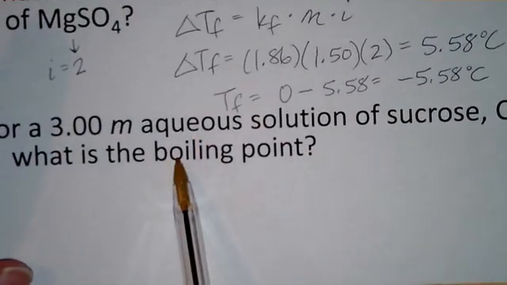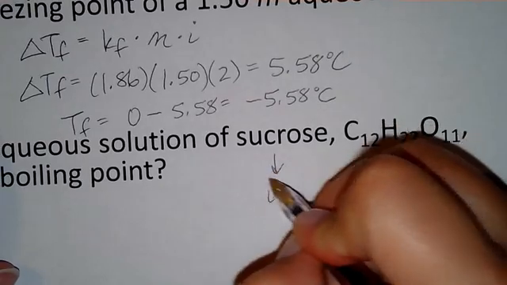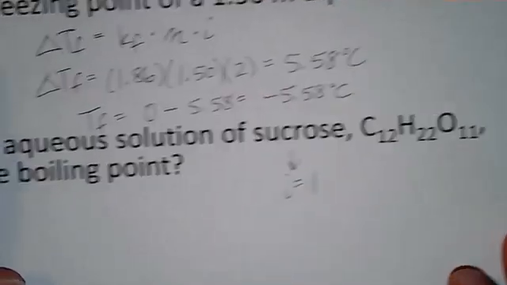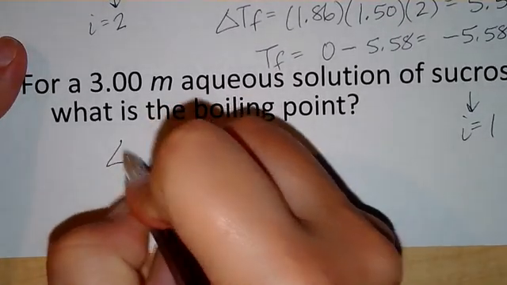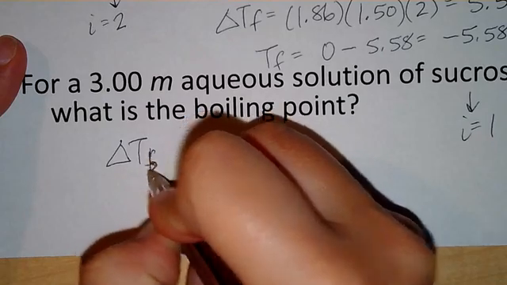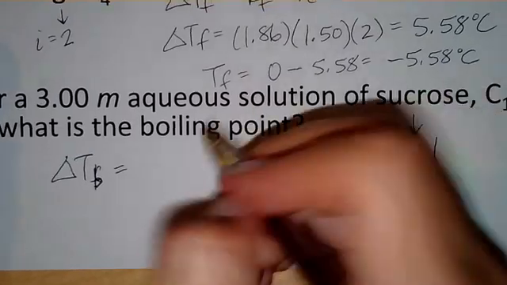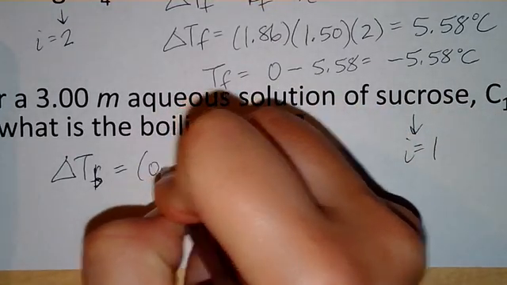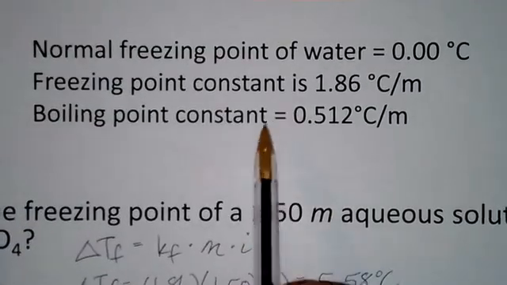So delta T, in this case boiling, keep wanting to do freezing. In this case boiling equals our Kb value, 0.512, again I'm getting that from up here, times our molal, 3 molal, and our i value would be 1, so you can put it or not put it.